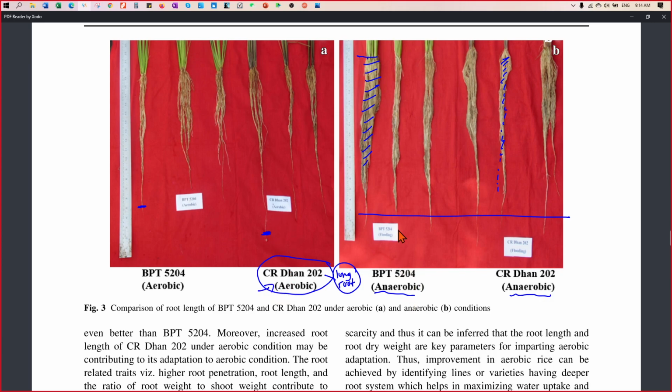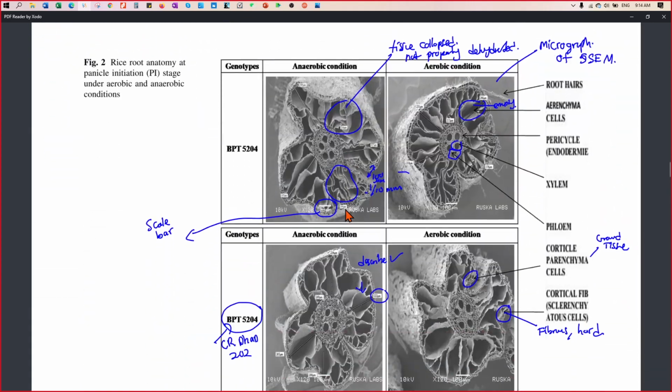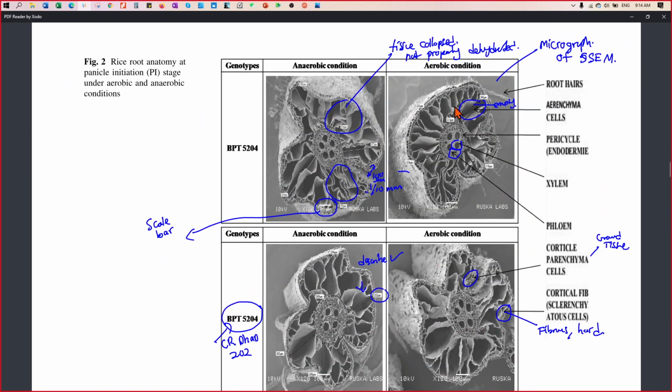Why do you think the rice has massive roots in anaerobic condition? Remember, this is underwater. You can relate back to the electron microscope image that we saw earlier. You see, this is parenchyma. Parenchyma means there's lots of oxygen, there's air there.